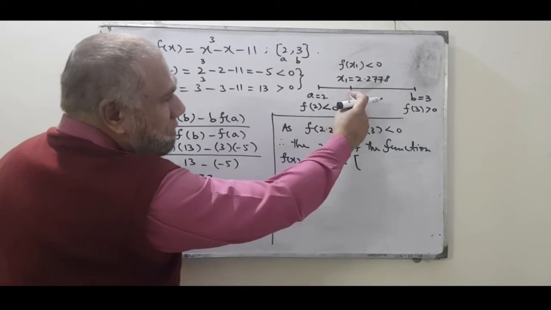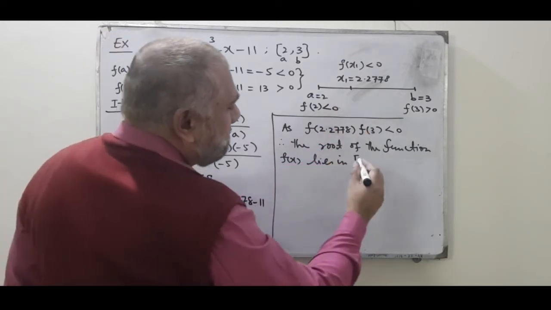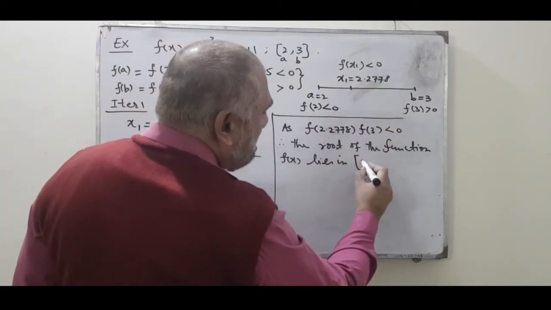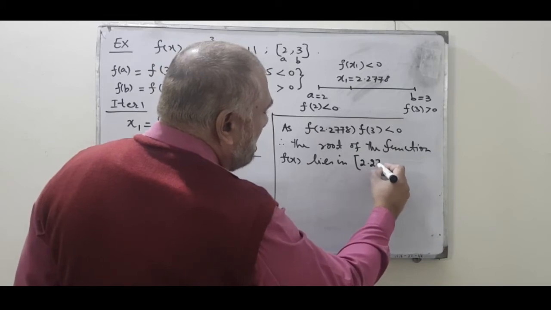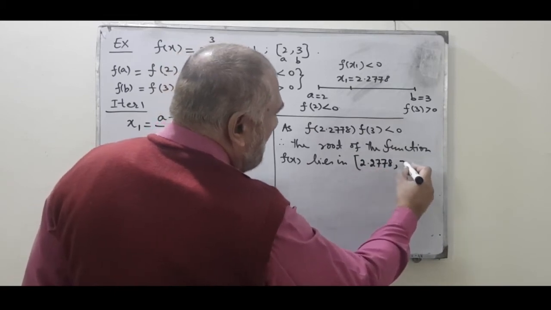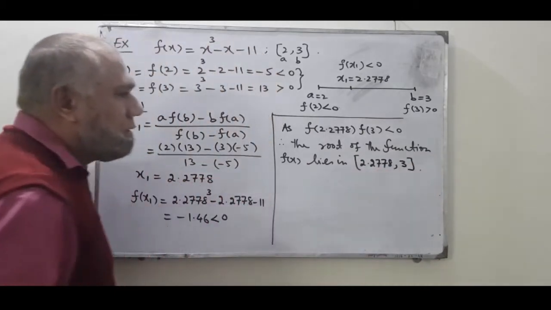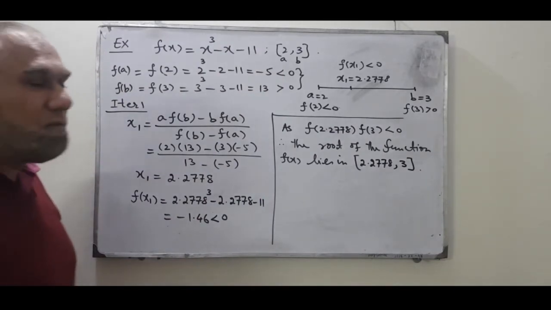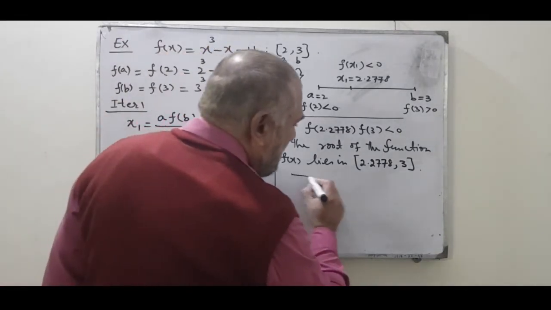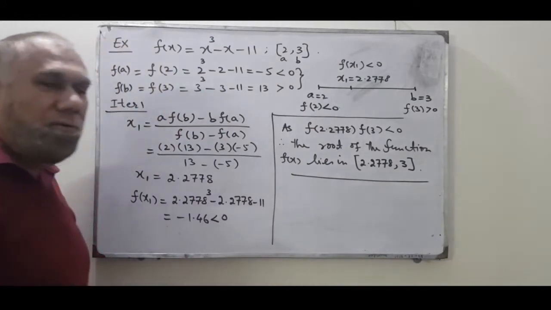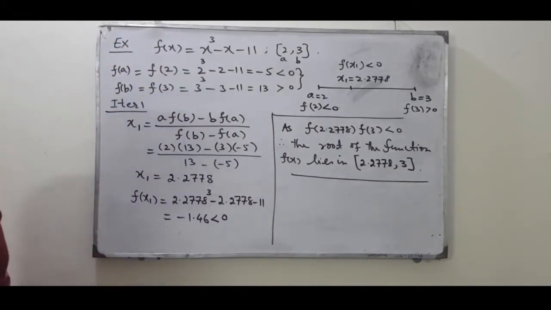Order means you have to look which one comes first. So x1 is coming first, so we write down 2.2778 and the other endpoint is 3. This is your new domain in which the root lies. This completes your first iteration.